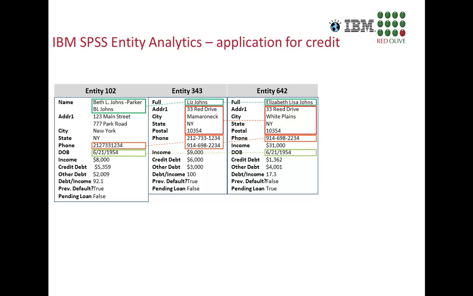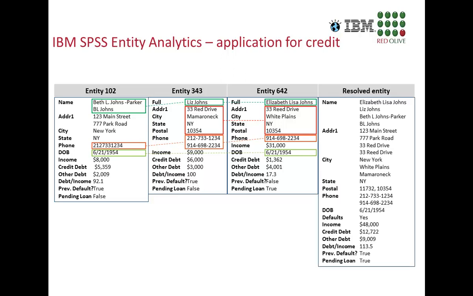We can now use this combined information to deduce that Elizabeth is not a good applicant for the housing association, and this is her resolved entity, and you can now see that she's defaulted on her payments, etc. So this is how I would show you how to check who are good tenants for your housing association, new people that you want to acquire and take on, and people that you don't want to do so.